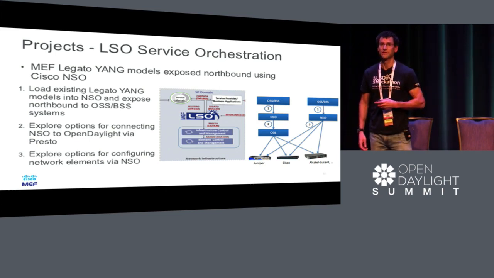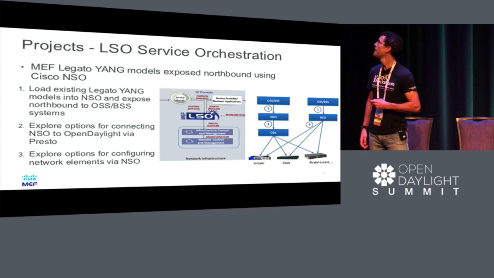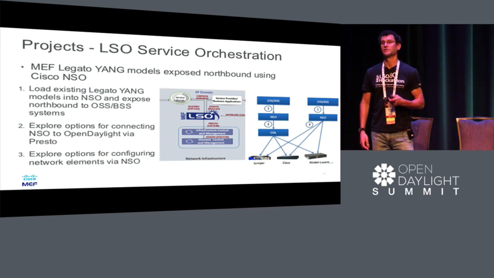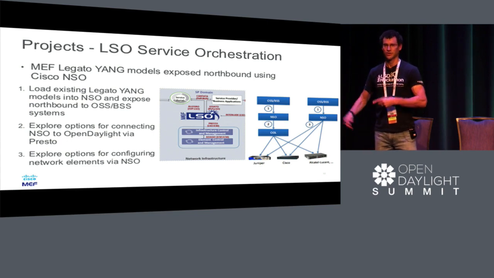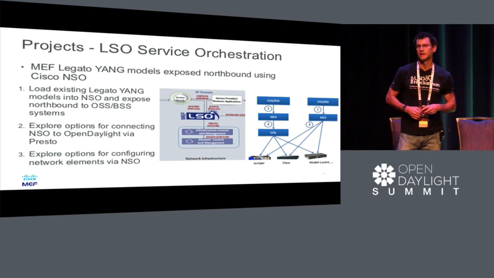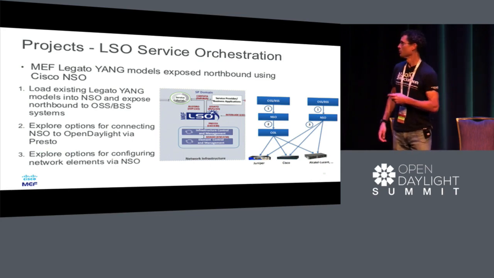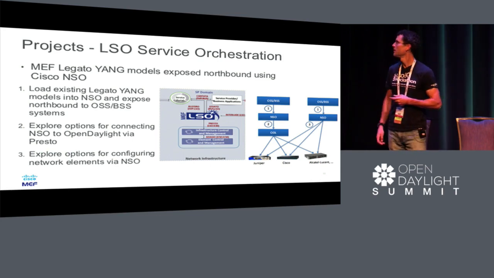And we want it to then drive the creation of some services using that API. And the reason why I think it's probably of interest to this community is that we want NSO to talk to OpenDaylight over the Presto API to set up the underlying network. So we're trying to stitch these two projects together using various APIs that MEF is defining. So would welcome help and work on that one as well.